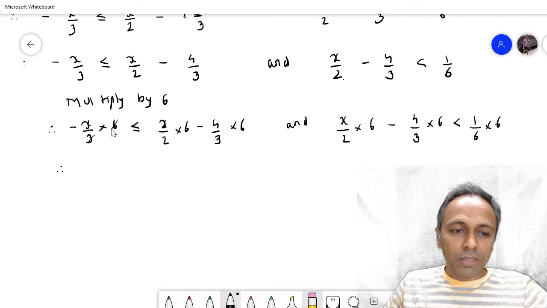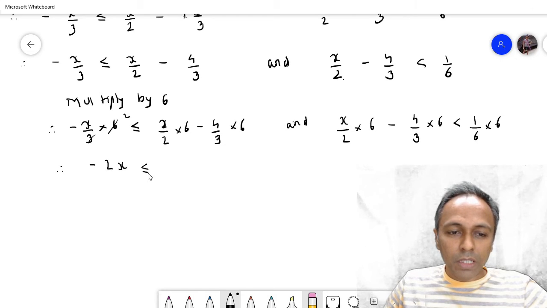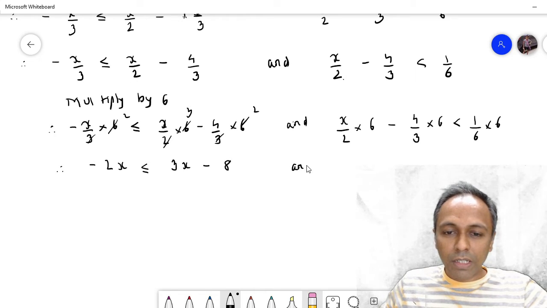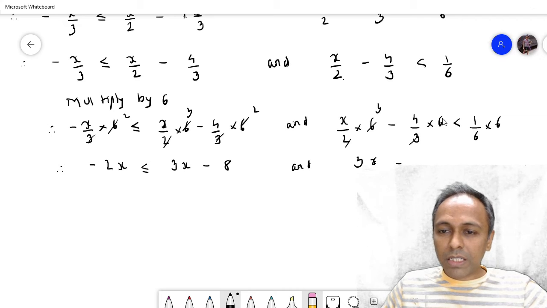On cancellation, you will get minus 2x is less than or equal to 2 ones are 2, 3 2s are 3x minus 3 ones are 3, 2s are 8 will remain here. And similarly, let us cancel 2 with 6 as 3s, minus again 4 2s are 8, is less than 1.